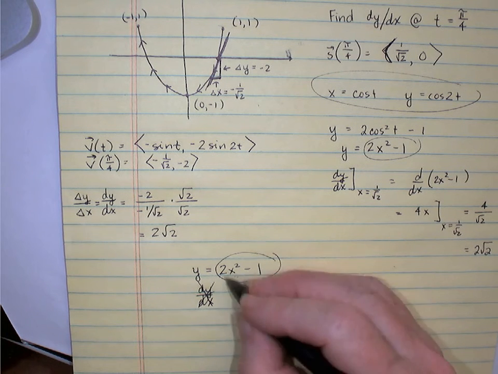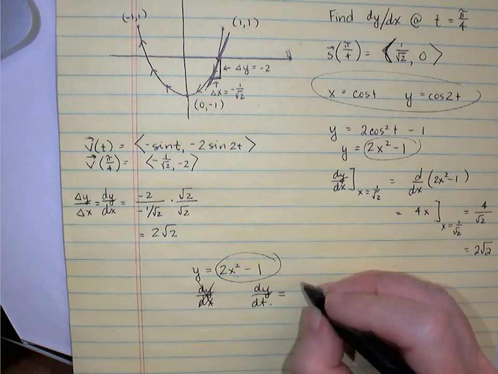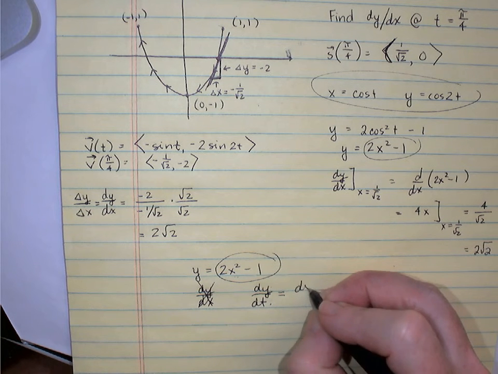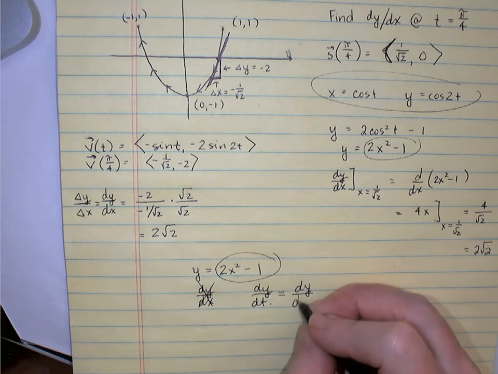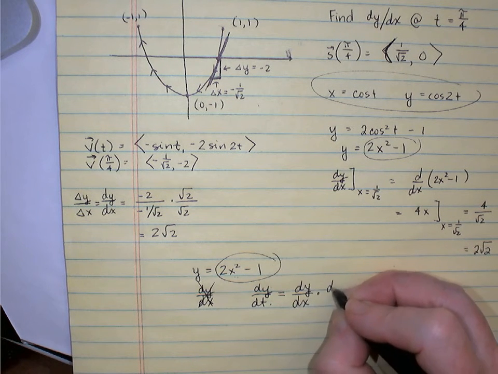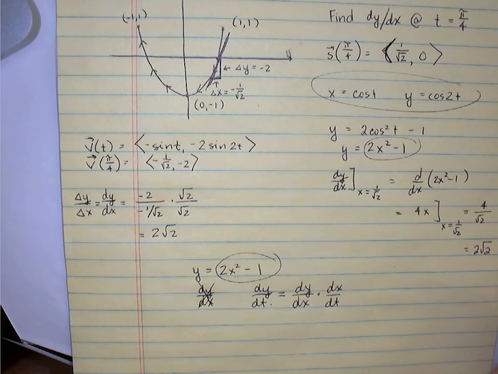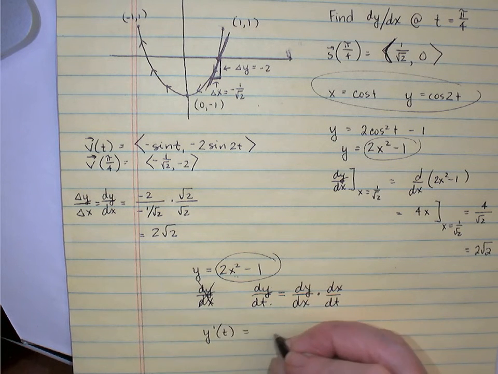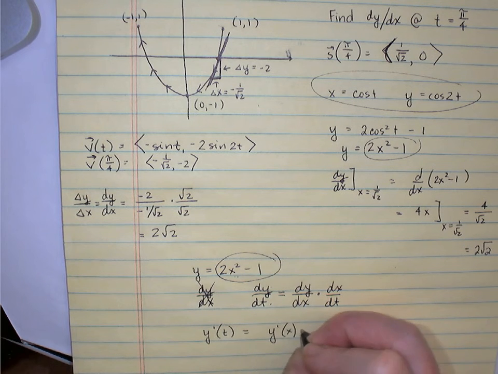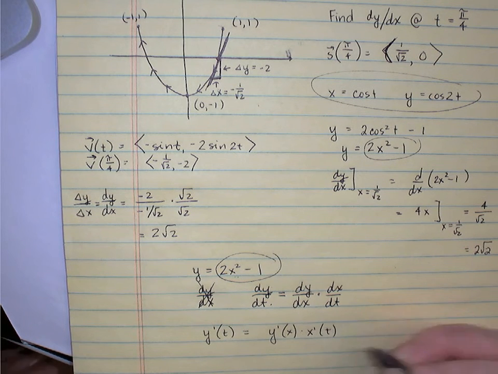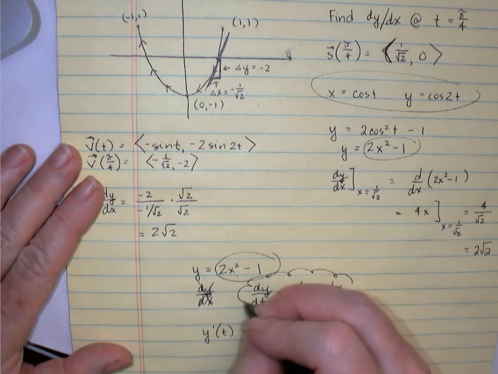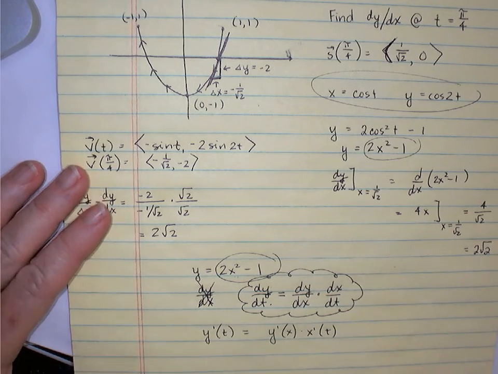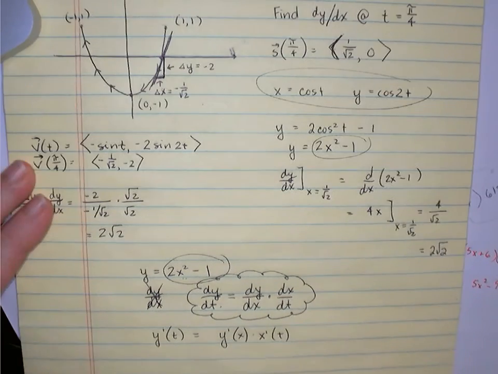So if we were going to use the chain rule, dy/dt would have to be our derivative of y with regard to x, multiplied by dx/dt. In other words, if we want to find y prime of t, that's going to be y prime of x times x prime of t. So if we go back to this, nothing more than the chain rule, I could just rewrite this.